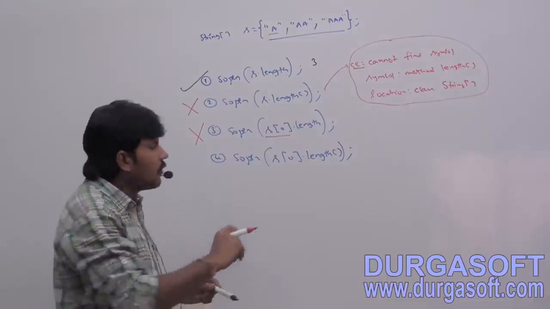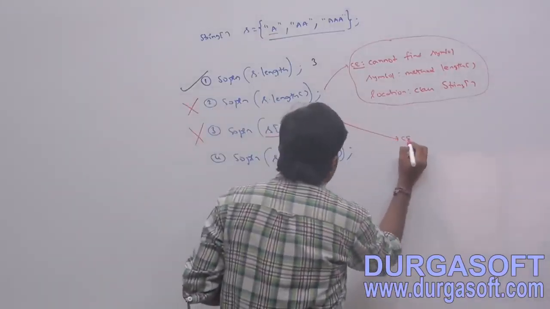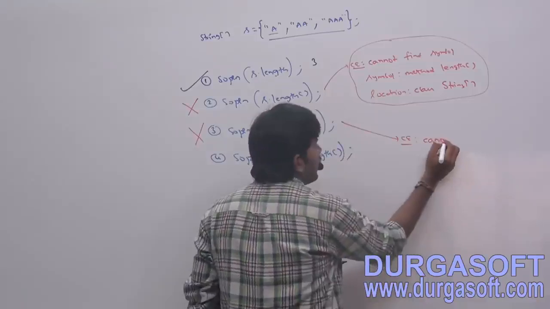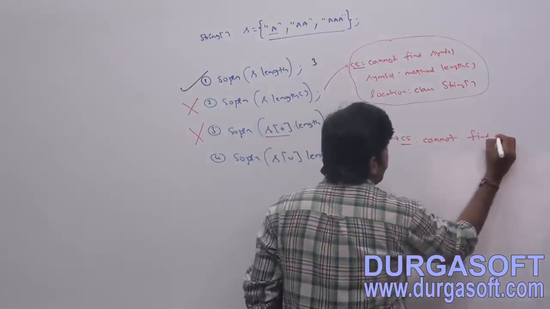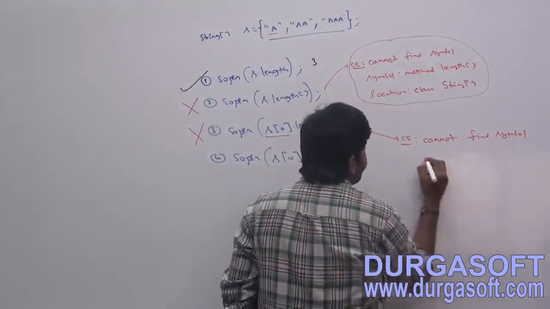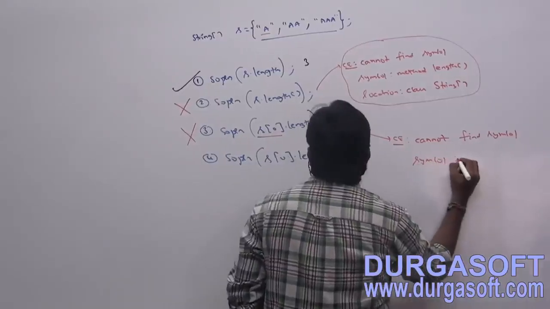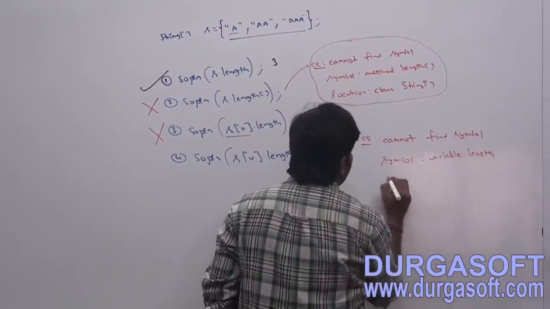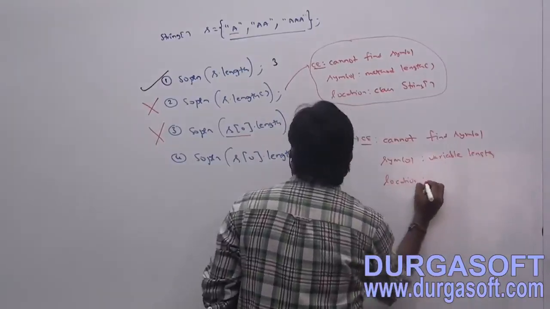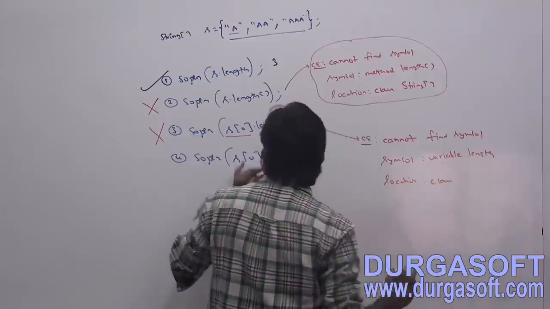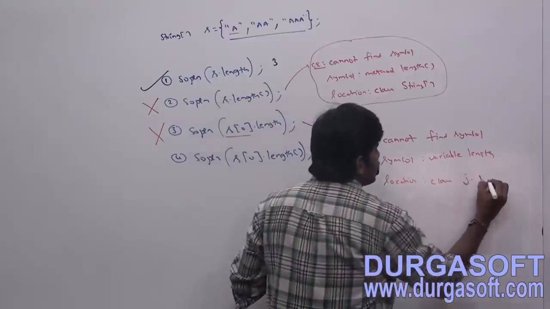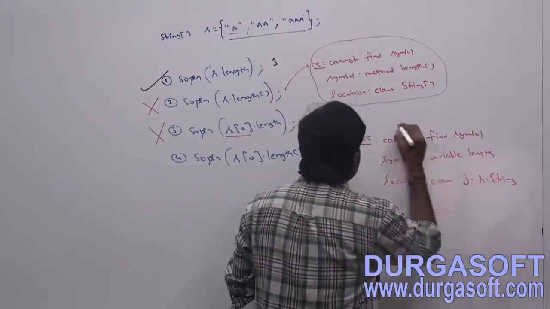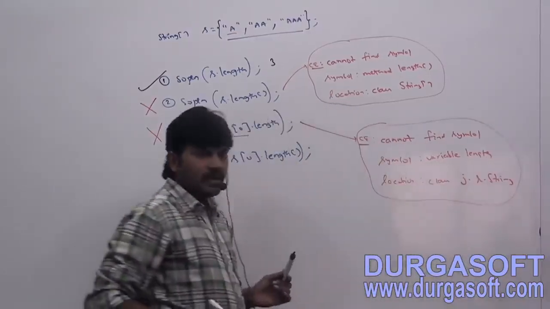Not applicable. Compile-time error saying cannot find symbol. Which symbol? Variable length. In which location? Class java.lang.String, right? Are you getting it?